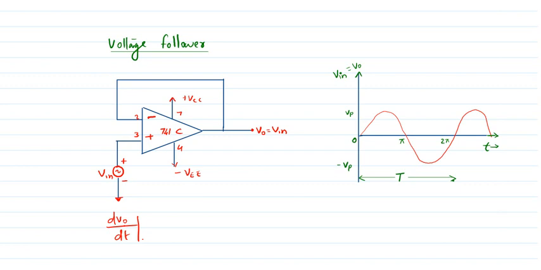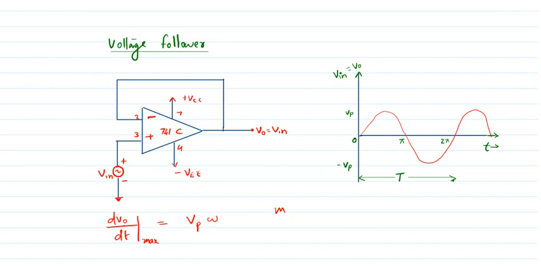So dV0 by dt max will be equal to Vp omega. This term we call the slew rate. The maximum rate of change of output is called the slew rate.